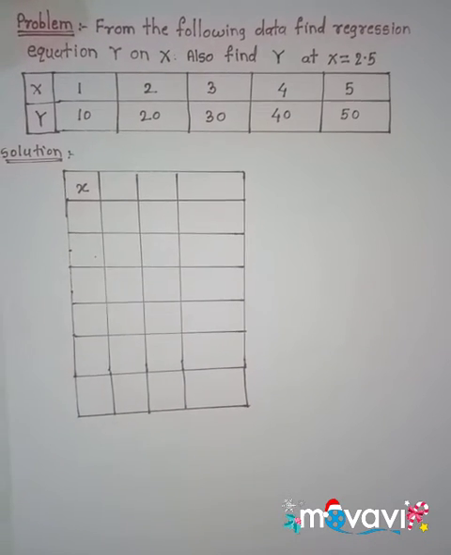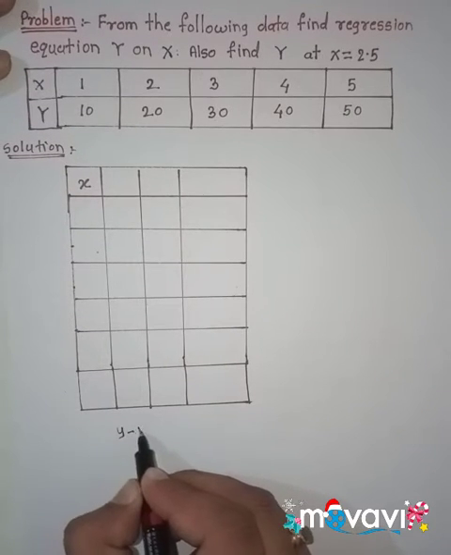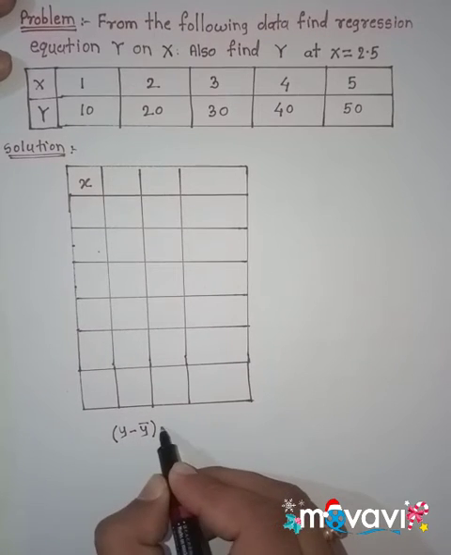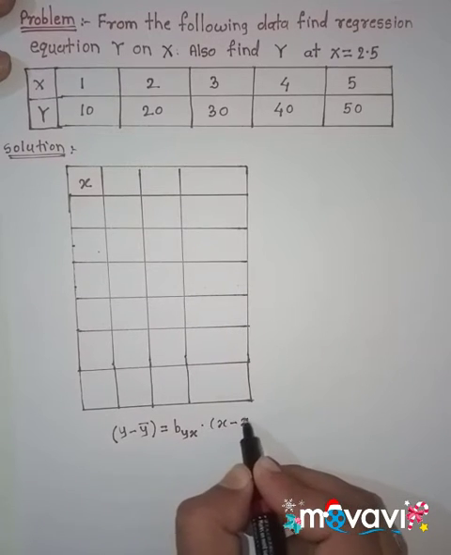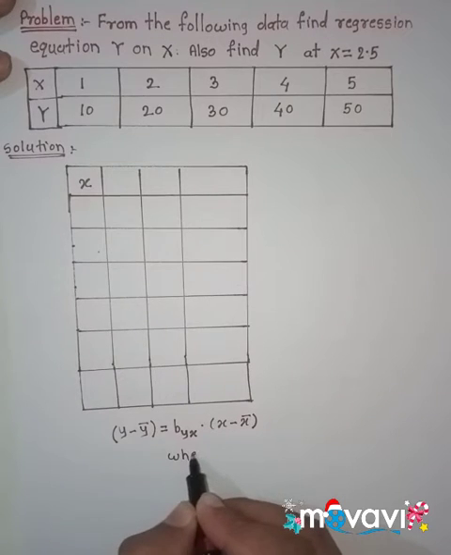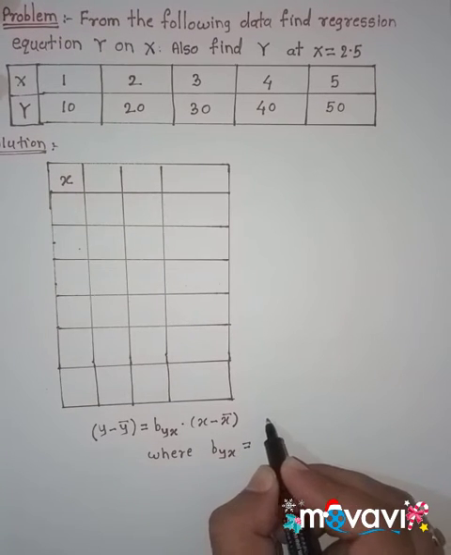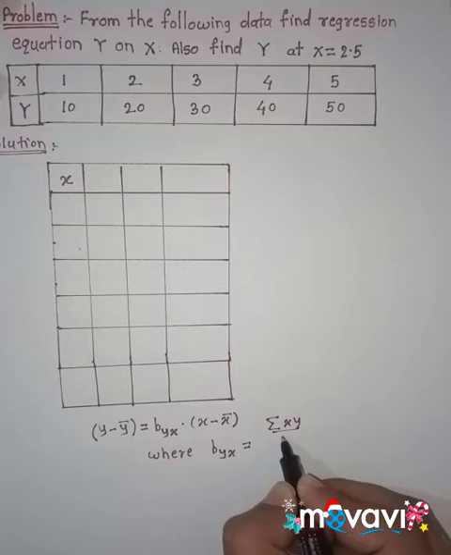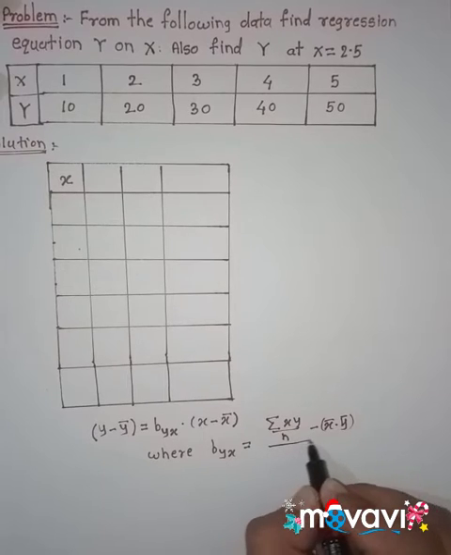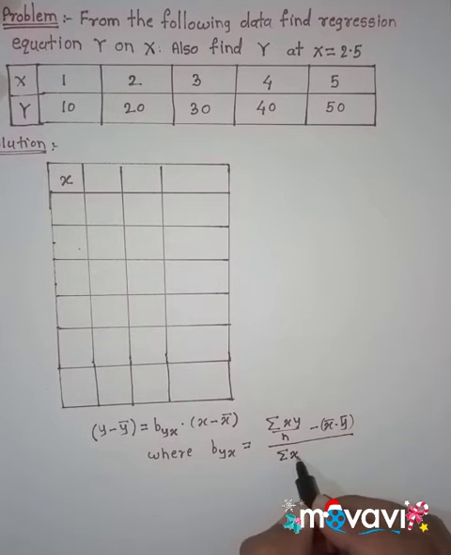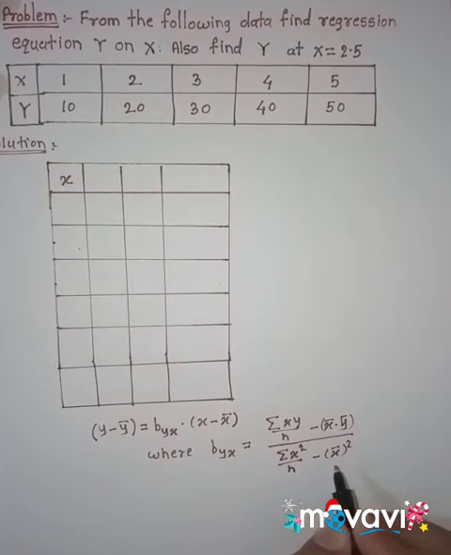So here we know that the formula to find regression equation y on x is y minus y bar is equal to byx into x minus x bar, where byx is nothing but summation xy upon n minus x bar into y bar upon summation x square upon n minus x bar square. So this is the formula to find byx.